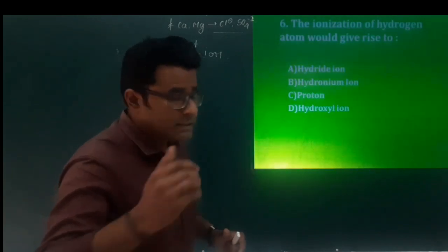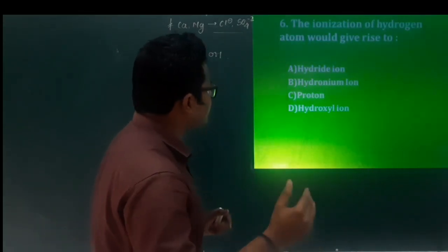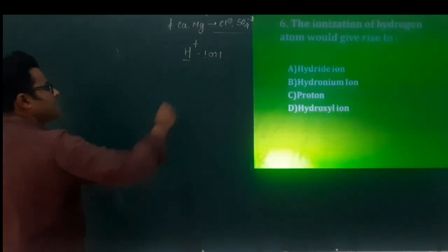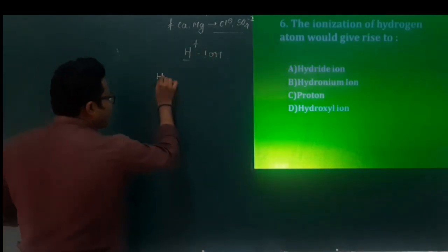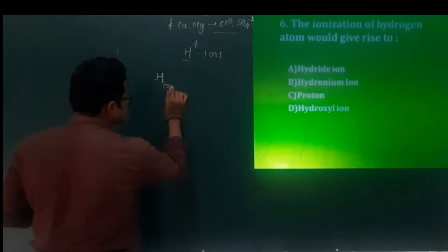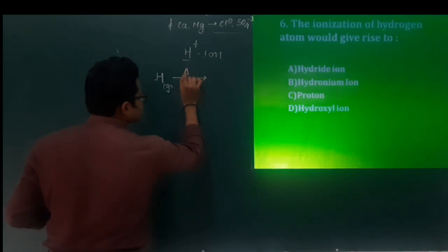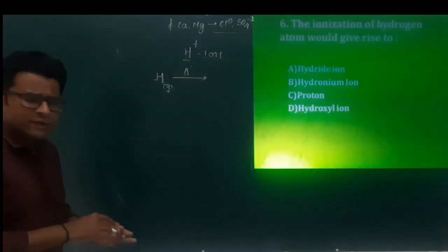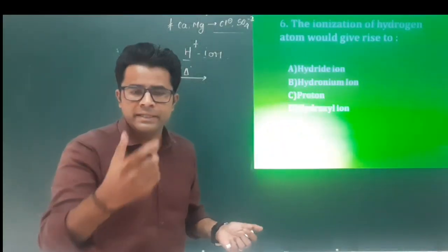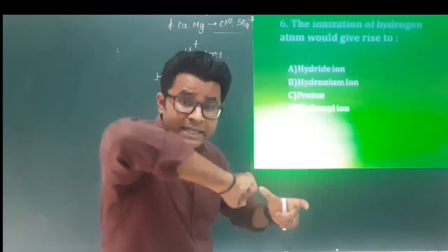Coming towards the next one: the ionization of hydrogen atom would give rise to. Alright, so if we have a hydrogen atom in its gaseous state, as we go on supplying energy to it, the electron absorbs an amount of energy and gets excited.